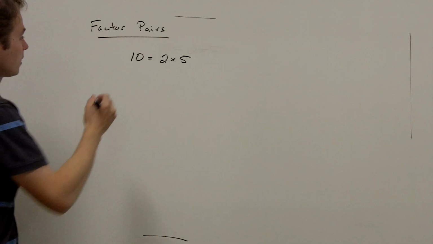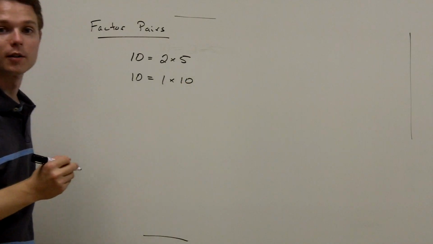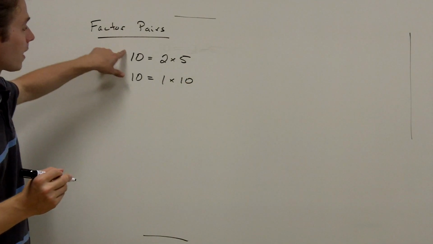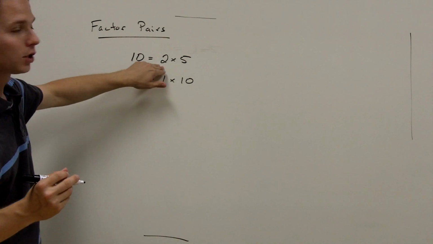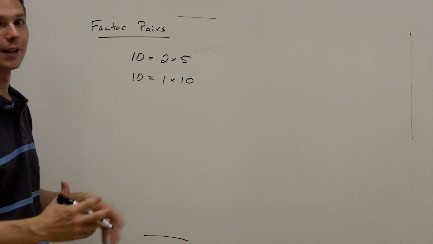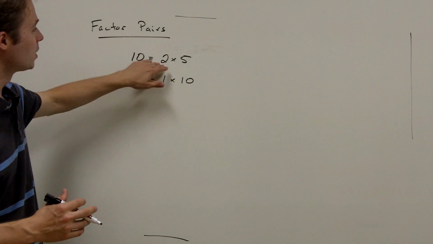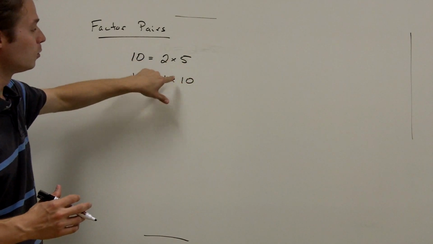But we could also write this as 1 times 10. That would also be a factor pair. And in fact, for 10, this is as much as we can do. There's no other factorizations of 10 into whole numbers. If we went into fractions, of course, we can find some more ways to multiply this. But with just whole numbers for both of the factors, these are the 2 factor pairs.